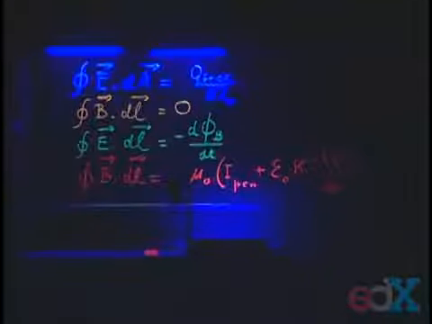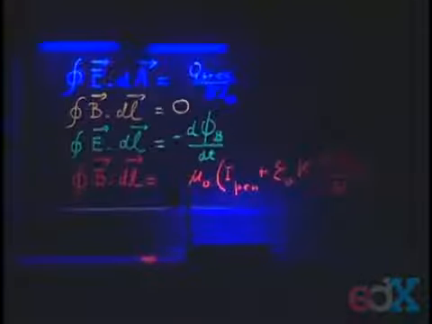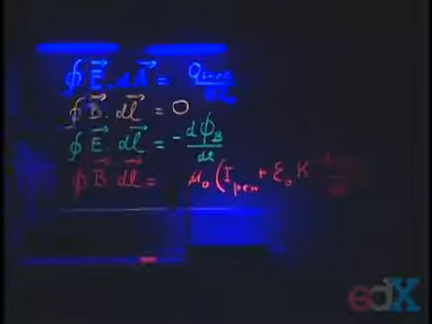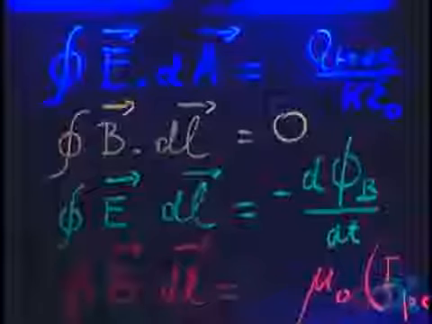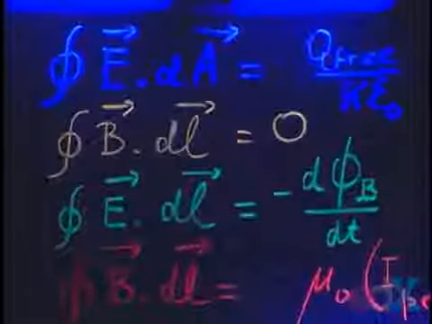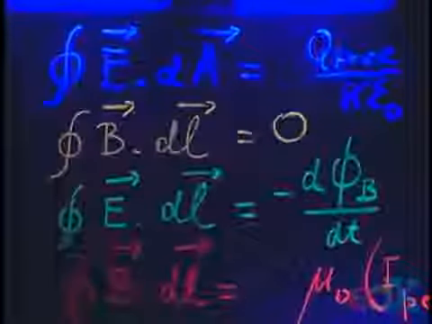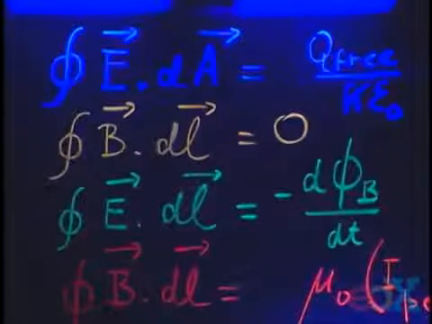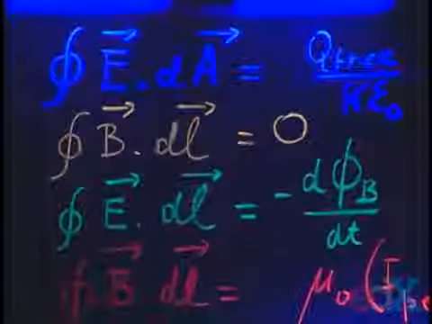Gauss' law says that the closed surface integral of E dot dA, that's the electric flux through a closed surface, is equal to all the charge inside divided by epsilon zero, but you have to allow for the kappa, for the dielectric constant. The kappa, by the way, always lowers the field inside the material when we deal with electric fields.